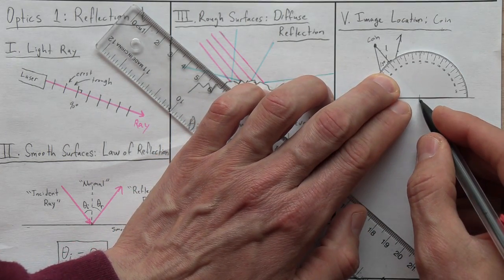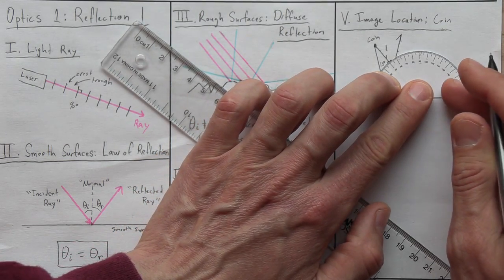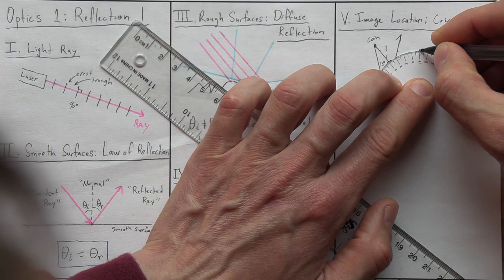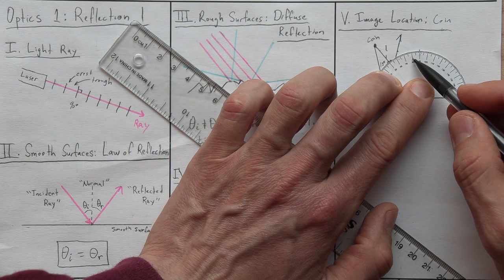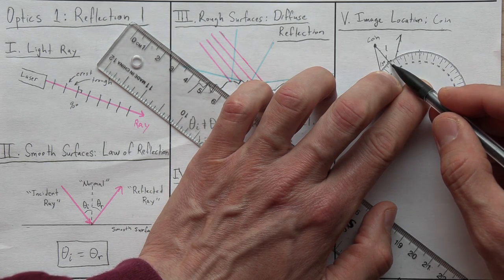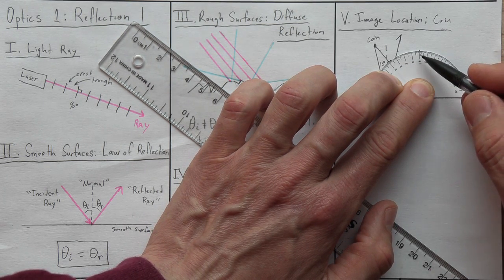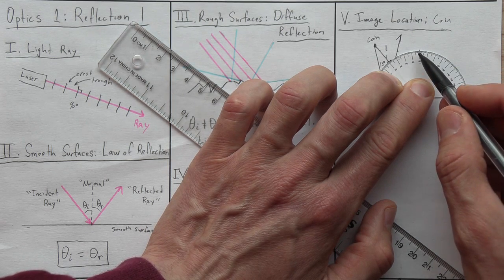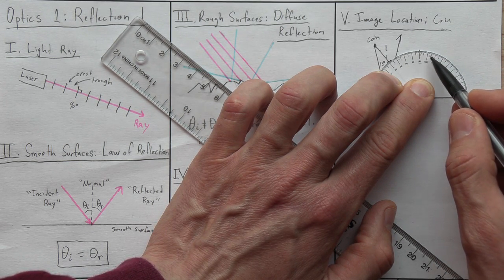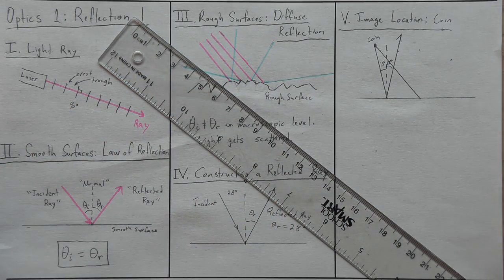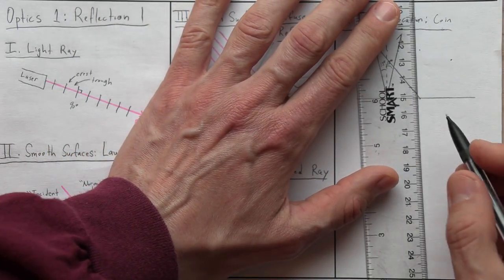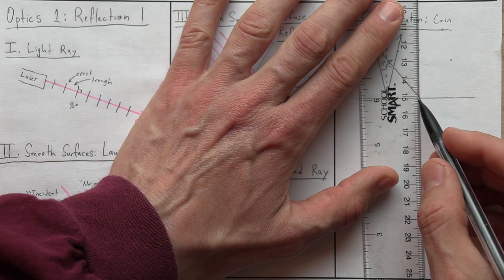So the light ray came in here, hit the mirror here, and this is the normal. And what I'm going to do is count over 10, 20, 30, looks like 39 degrees. So 39 this way reflects 39 this way. 10, 20, 30, 9 degrees. Okay, so there we go. I got my normal and my reflected ray. So let's now fill those in.